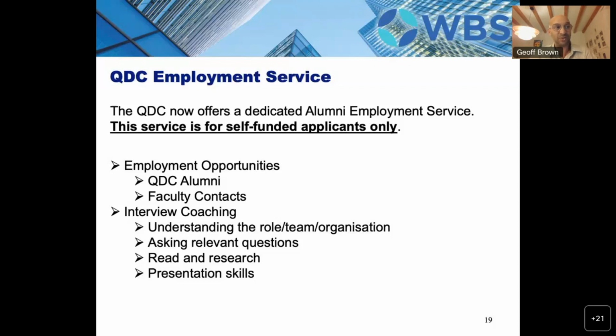So you need to find out and do plenty of reading on the organization itself, on the history of the organization, what are their current strategies, what are their objectives, and what strategies do they use to meet those objectives, what's the team's function within the organization of the role that you're looking to secure, how does the role fit into the team, so you need to ask the relevant questions.